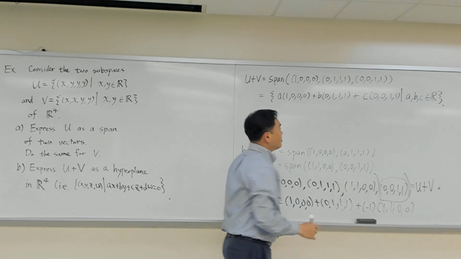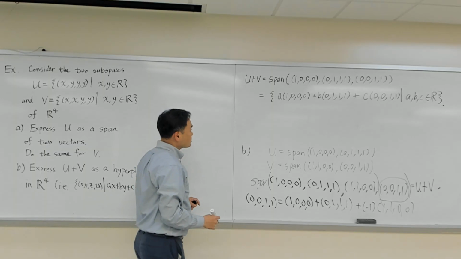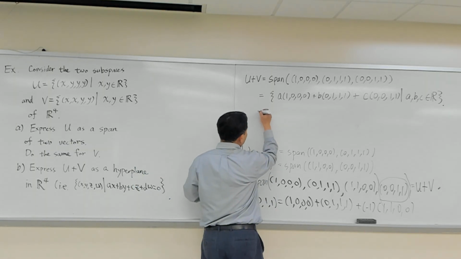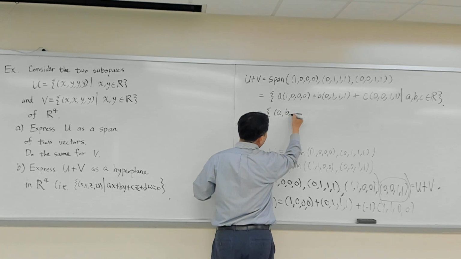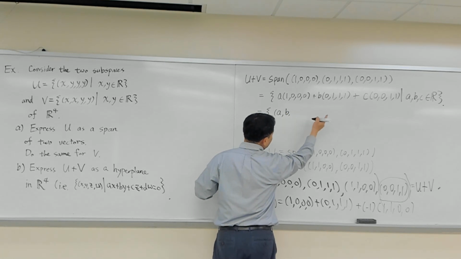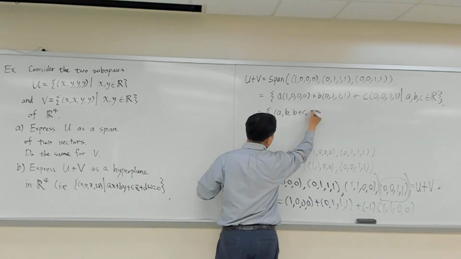Okay, so a, b, c are real numbers. So this is really collecting a, b, b, b, and then c, c. So it's b plus c, b plus c.